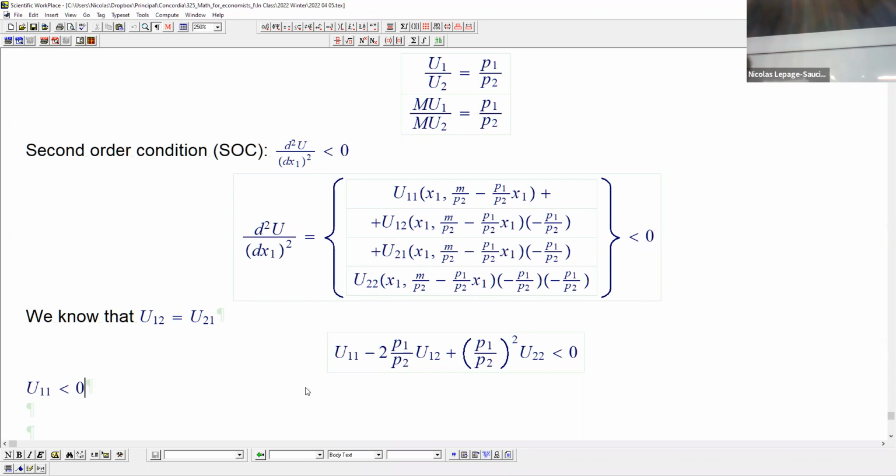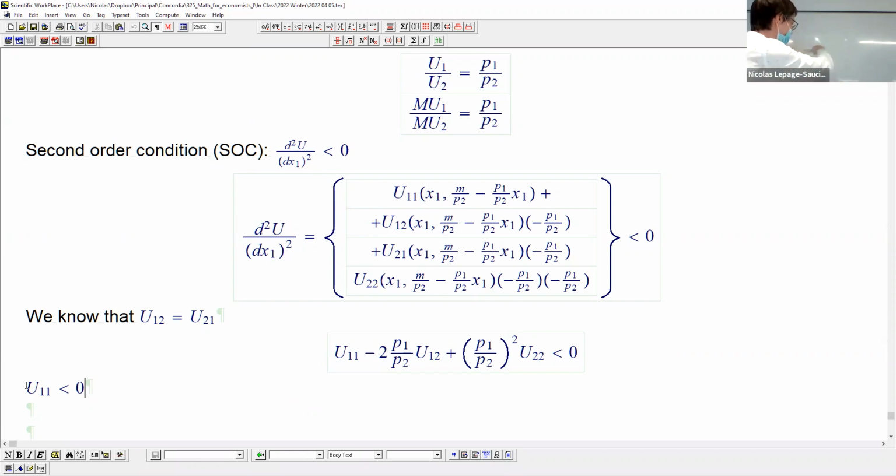If I have some consumption, so this is x1 and this is x1, what I'm saying is the first derivative is positive, meaning I like consuming good one, but the marginal utility is getting smaller and smaller. Why? Because I'm enjoying it less and less as I have more of it. So this is why U11, the second derivative with respect to good one, is negative.